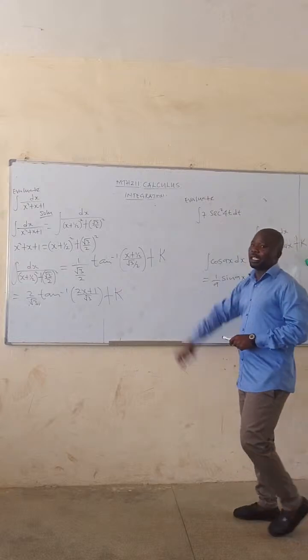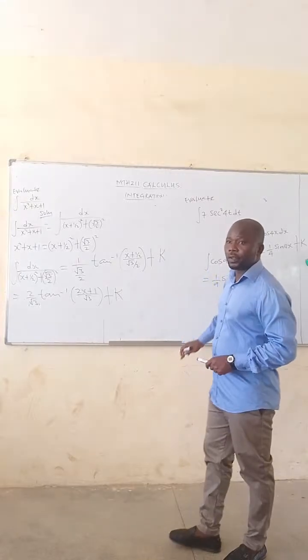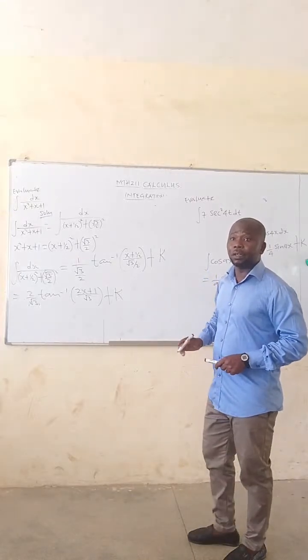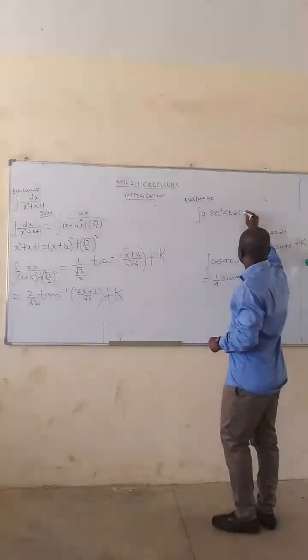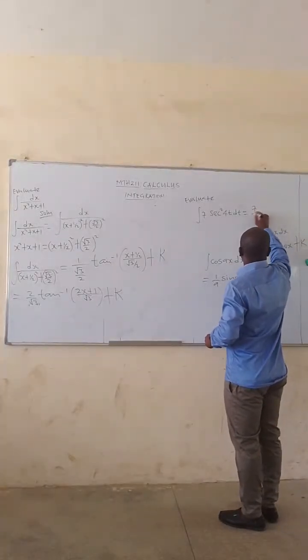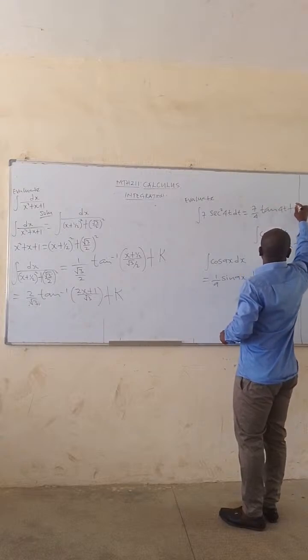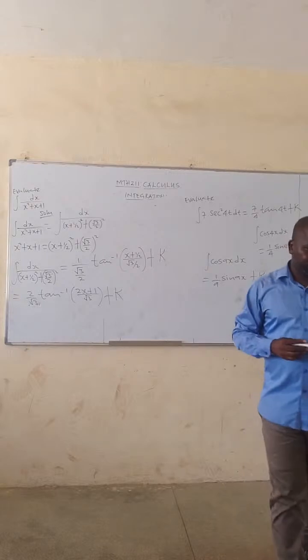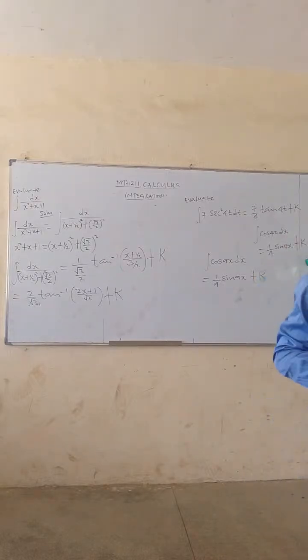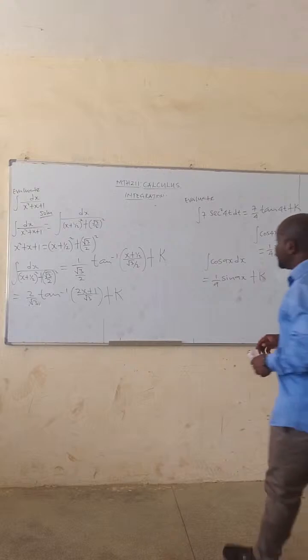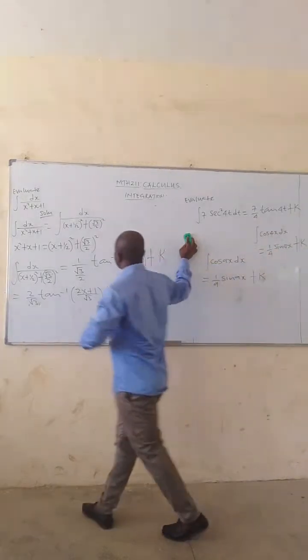So if you have something like this, what are you supposed to have? 7 all over what? 4, right? 7 all over 4 times what? sine 4x plus what? Is it difficult? No. Is it difficult? No. It is not. No.